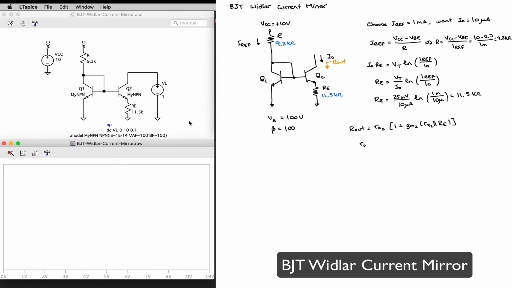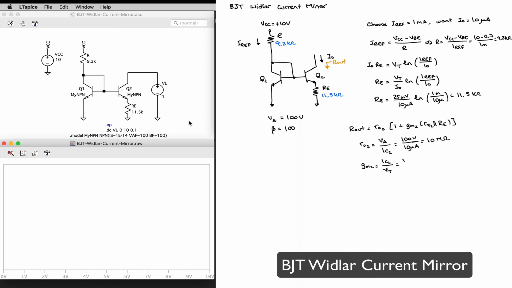So little r02 is going to be equal to the early voltage divided by the quiescent collector current, IC2, or 100 volts divided by approximately 10 microamps. So that will be 10 mega ohms. gm2 will be the ratio of IC2 to the thermal voltage VT.